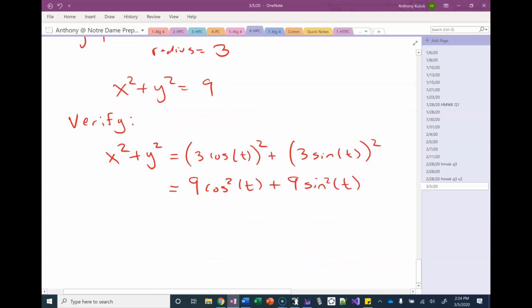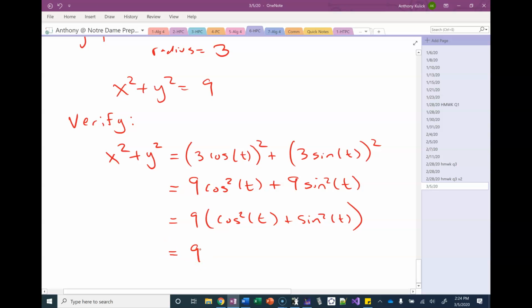Do you notice there's a greatest common factor there? That I have a 9 in common to both terms. So I can factor that 9 out. Do you notice anything here? Cosine squared plus sine squared is indeed 1.